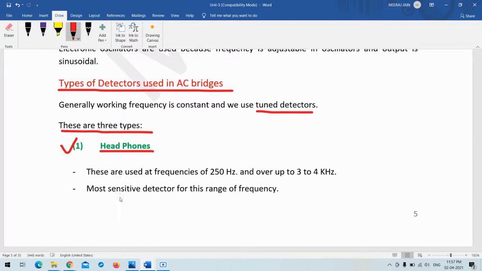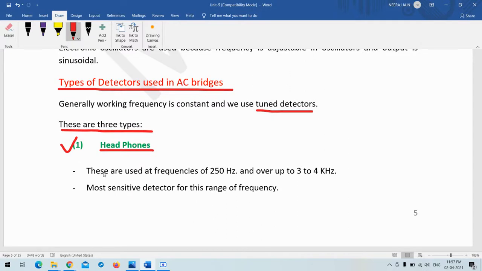Headphones are widely used detectors. These are used at frequencies from 250 Hz up to 3 to 4 kHz. That is the range: minimum 250 Hz and maximum 3 to 4 kHz. These are the most sensitive detectors for this range of frequency.